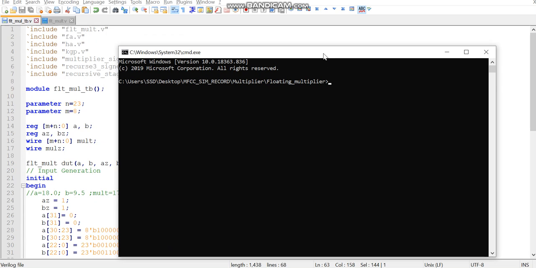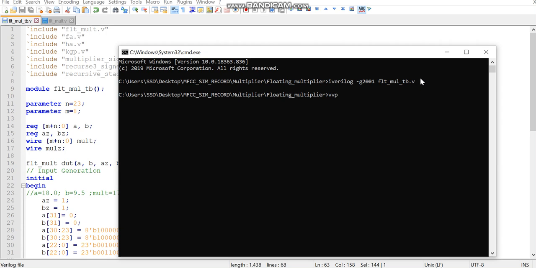We'll use a tool called Icarus Verilog, and the command for this is given here. -g2001 gives the version number which is to be used. So this is the test bench name. Since I have included all the submodules over here, there is no requirement to include them in the command window.